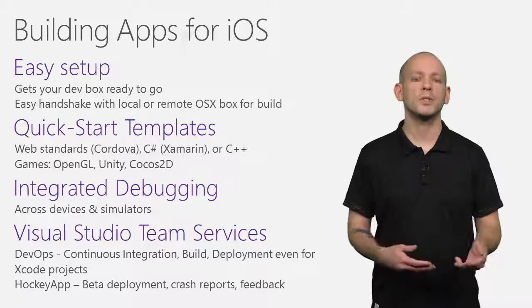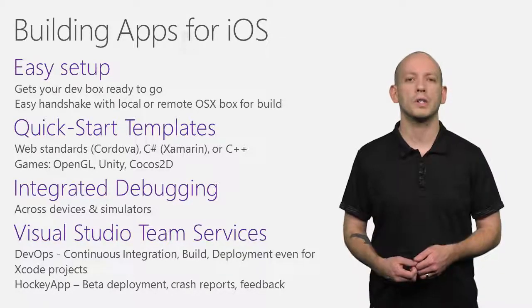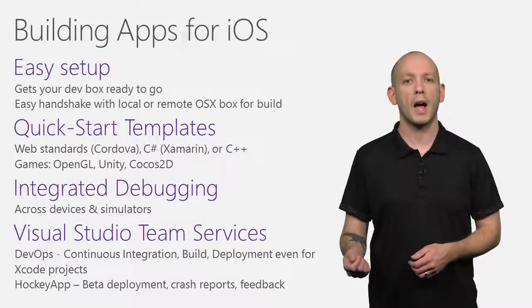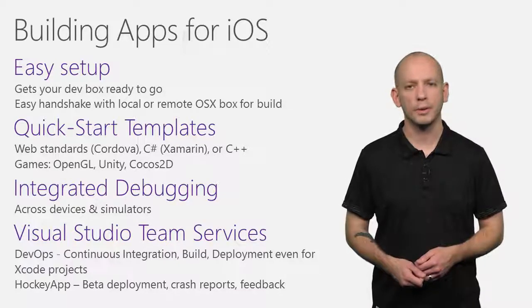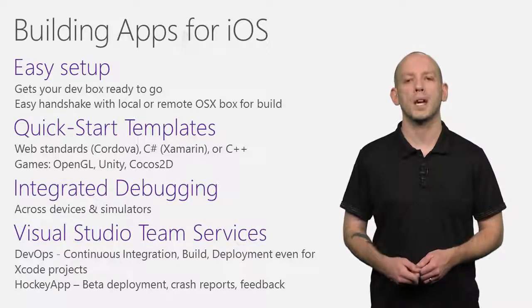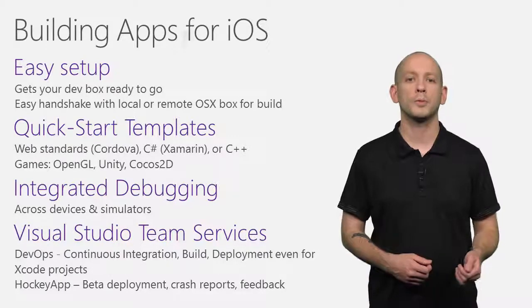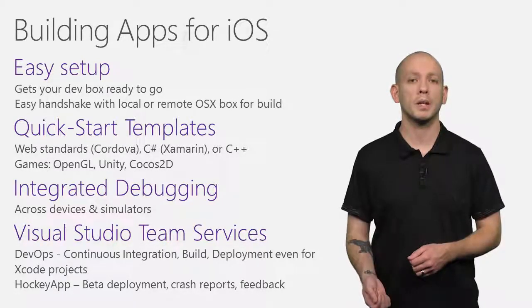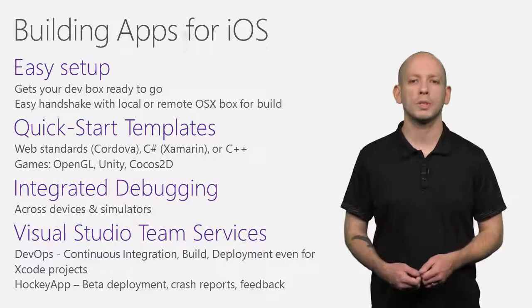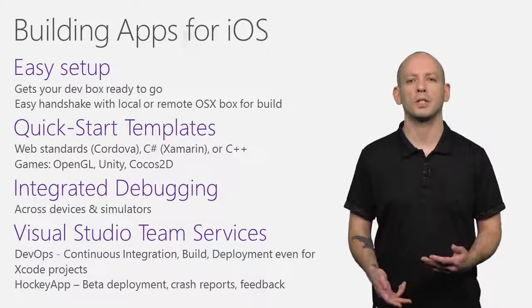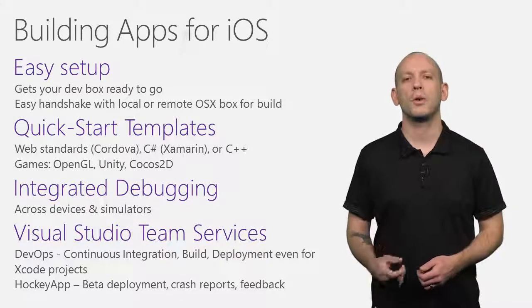Visual Studio Team Services supports continuous integration and deployments for iOS apps no matter how you've built them, even if you're using Xcode. And you can use Hockey App for your post-production needs, like distributing betas, analyzing crash reports, and getting feedback from your customers. Let me show you how all of this works.